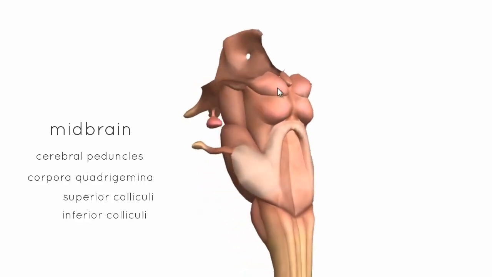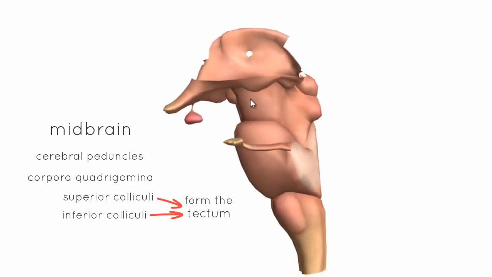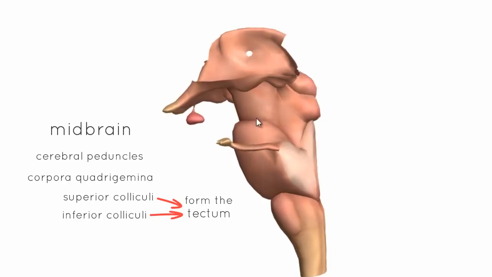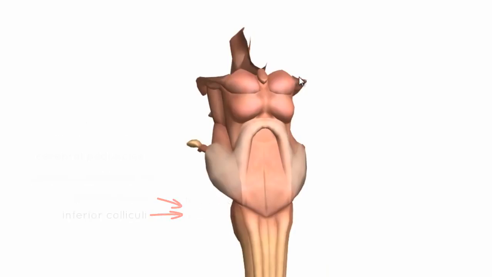These colliculi sit on the tectum, which is the roof of the midbrain. Tectum means roof in Latin. So these corpora quadrigemina sit on the tectum of the midbrain. The midbrain is this structure here. You've got the cerebral peduncles, and you've got the tectum with the four colliculi.